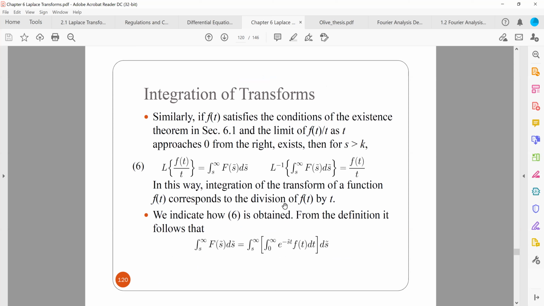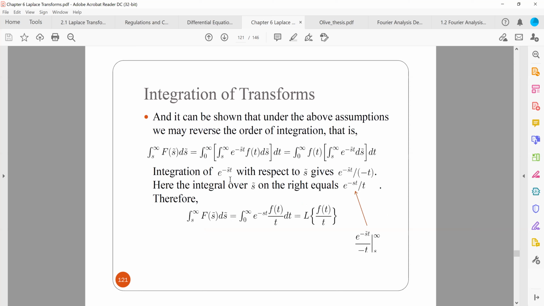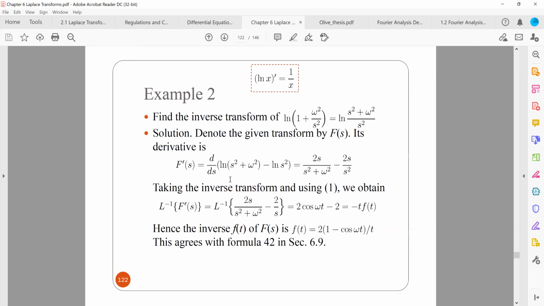So the Laplace transform of f(t) over t is equal to integrating F(s). That's all there is to it. With differentiation, it's times t times f(t). With integration, it's f(t) over t. This is just trying to prove it, and we don't need to get into that. Just know what the rule is.